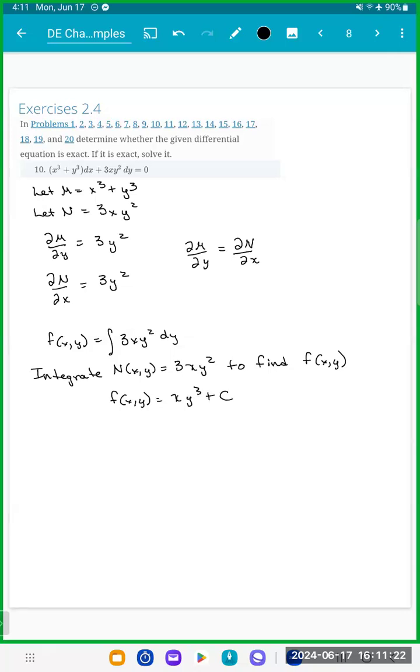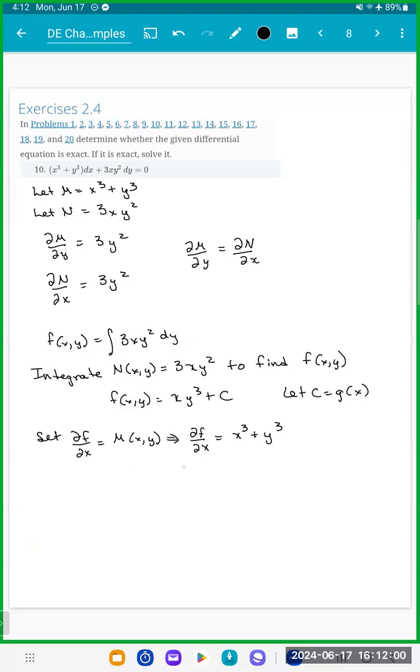Okay. If we let c equal just that function g of x, then we can set the partial derivative with respect to x of our function to give us x cubed plus y cubed, right?